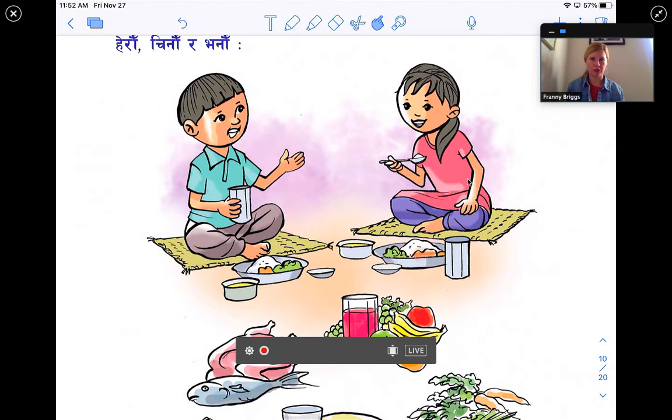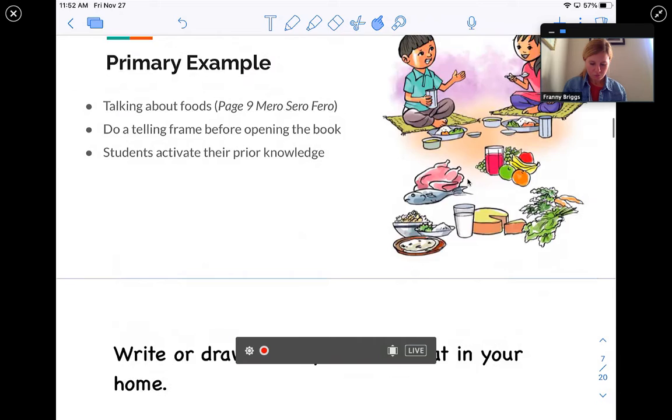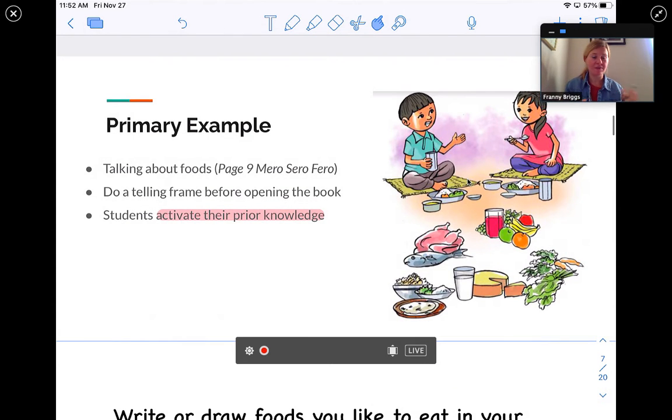Very general introduction to talking about food. A really good way for students to activate their prior knowledge is to have them do a telling frame. So in your DLM instructions, you would have them do this telling frame before they look at the book pages.